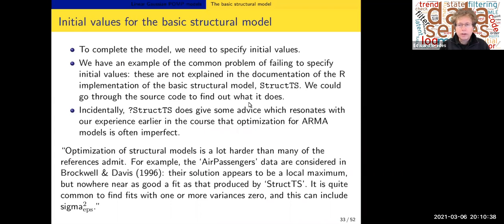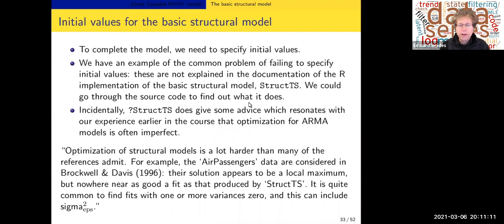When I was looking through the documentation, I saw something else that I want to share with you. The StructTS documentation gives some advice which resonates with our earlier experiences that optimization for ARMA models is often imperfect, and optimization for the basic structural model is similarly tricky. "Optimization of structural models is a lot harder than many of the references admit." I think we might say the same for ARMA models.